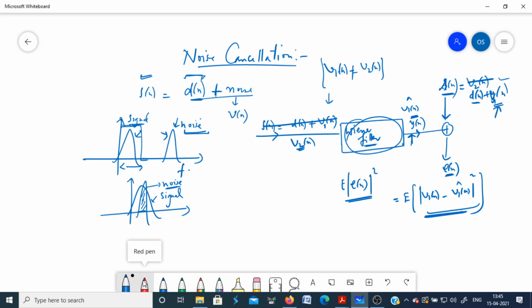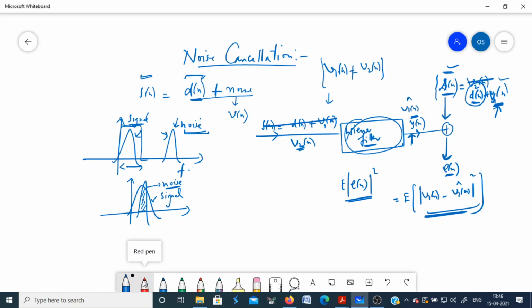When you minimize this mean square error, the error signal will contain the minimum mean square value of, not dn but this signal Sn, for a good Wiener filter or a good noise cancellation problem.